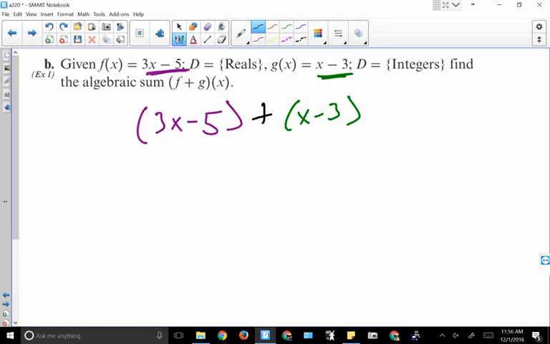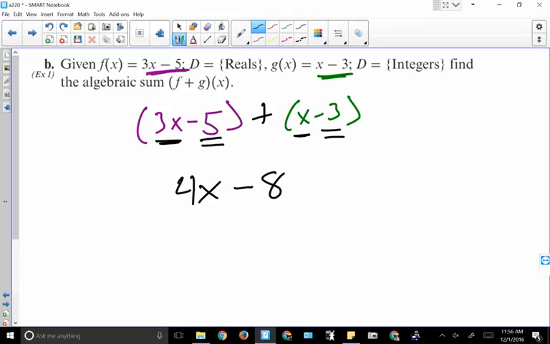So now I'm just going to add like terms. Well, that and that go together, correct? So that'll be 4x. This here and this here go together. So that would be minus 8. Does that make sense? Okay. And that's all that it's going to be. That is all that the function is going to be, 4x minus 8.